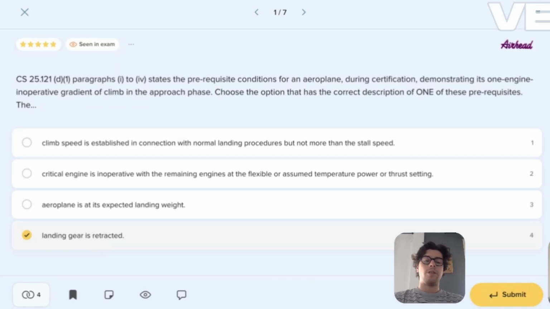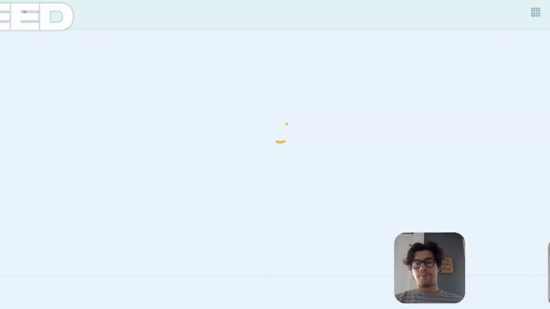However, remember that questions that ask about, for example, determination of minimum control speeds, so if you lose an engine during the takeoff, will also be the same. So you'll have an operable nose wheel steering, you'll have the most unfavorable CG position, and maximum takeoff mass. And this question is correct.